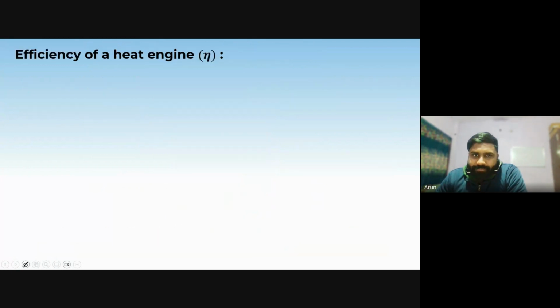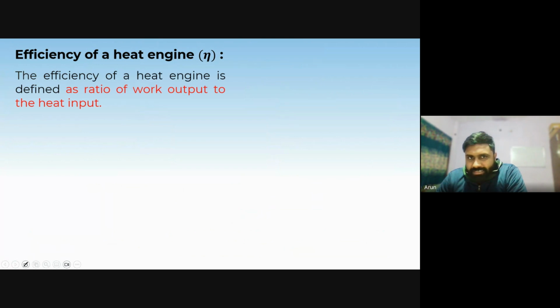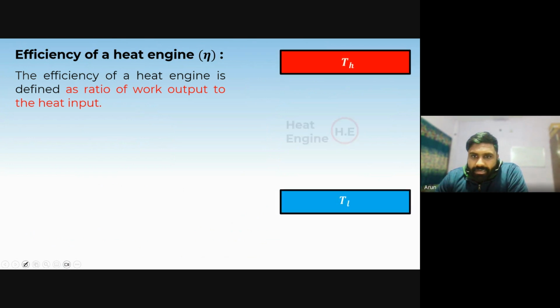Now, efficiency of a heat engine is given by eta. So eta here is nothing but the ratio of the work output that we have obtained to how much heat we have supplied to the system. So that is the efficiency. Similarly, we can say this is the heat engine. This is the high temperature source. This is the lower temperature source.